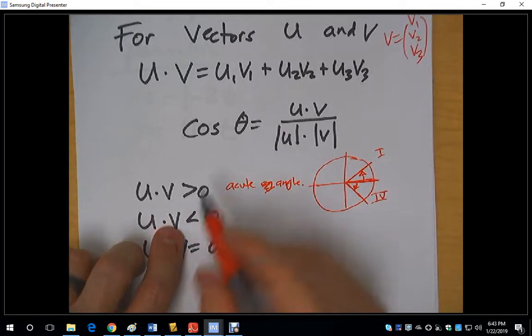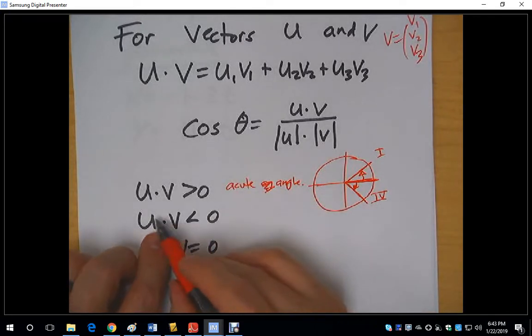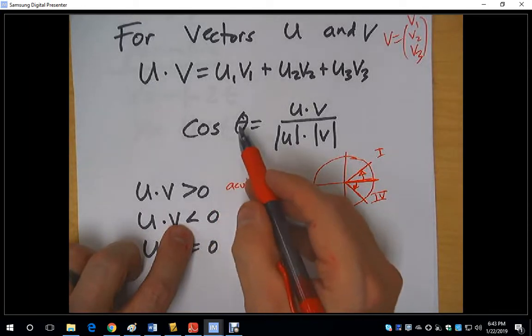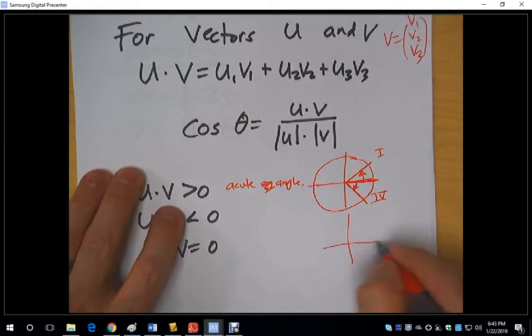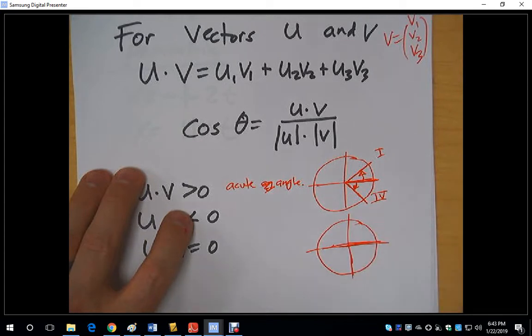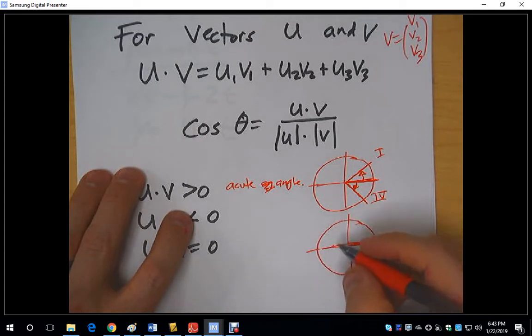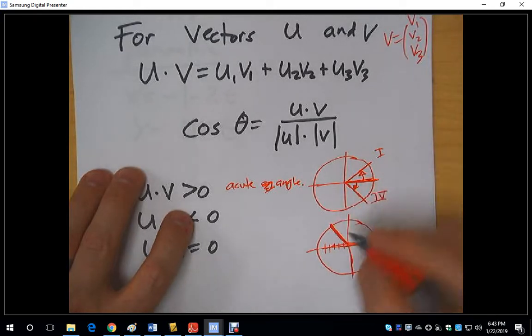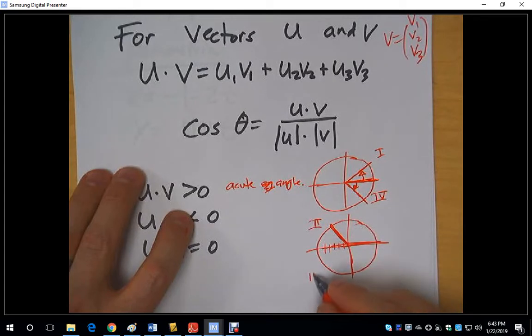Now, when is cosine theta negative? When is cosine theta less than 0? Well, cosine theta, again, is our x value, and if we consider our unit circle with a radius of 1, where is x going to be negative? The x value is always going to be negative to the left of the origin, so that means our terminal side is either going to be in the second quadrant or in the third quadrant.